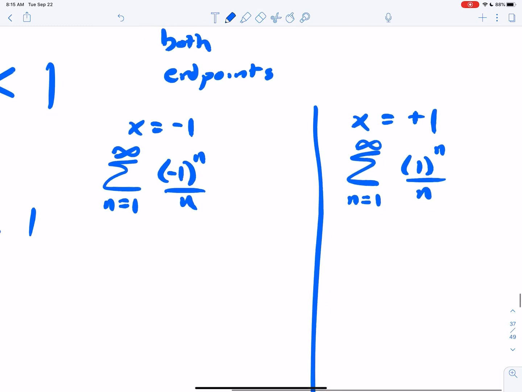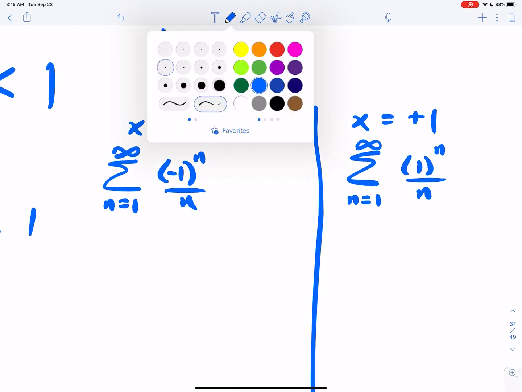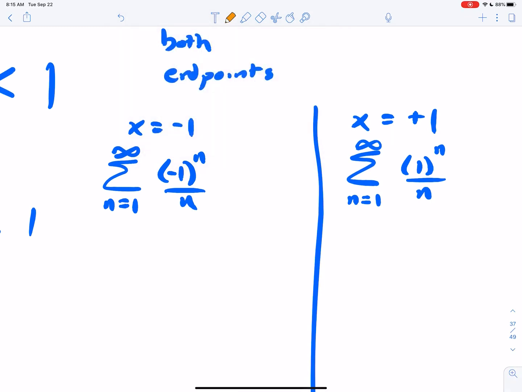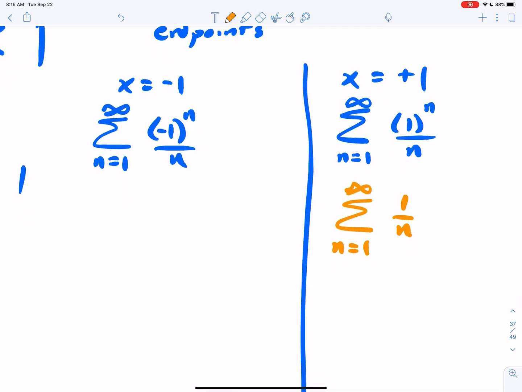Let's take care of positive 1 first. 1 to the n power, no matter how much you raise it, 1 to any power will just be 1. And from there, you're going to run your tests out of the 7 or 8 tests that you have on that sheet. But you should know what this comes out to, whether it will converge or diverge. Go ahead and press pause there, figure it out, justify it, and then press play.